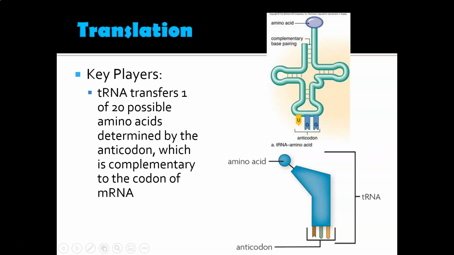Because there are 20 different amino acids, there has to be at least 20 different tRNAs with 20 unique anticodons that correspond to 20 unique codons. There's actually more than that. There's redundancy in the code, which is good. We'll talk a little bit about that when we get to mutations, but that's where we're at right now.